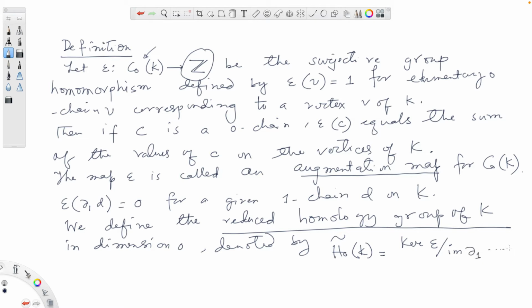This is our equation number 4. This is how we define the reduced homology group of the complex K in dimension 0.